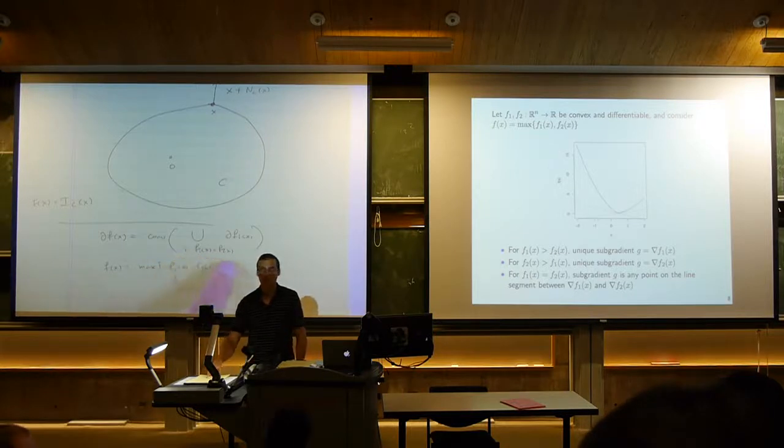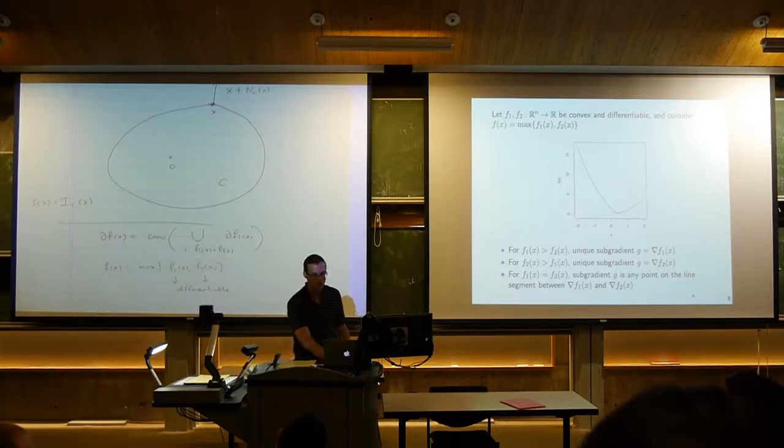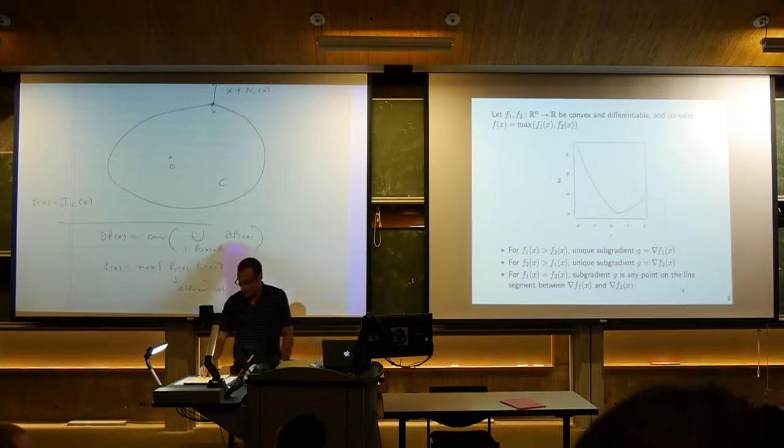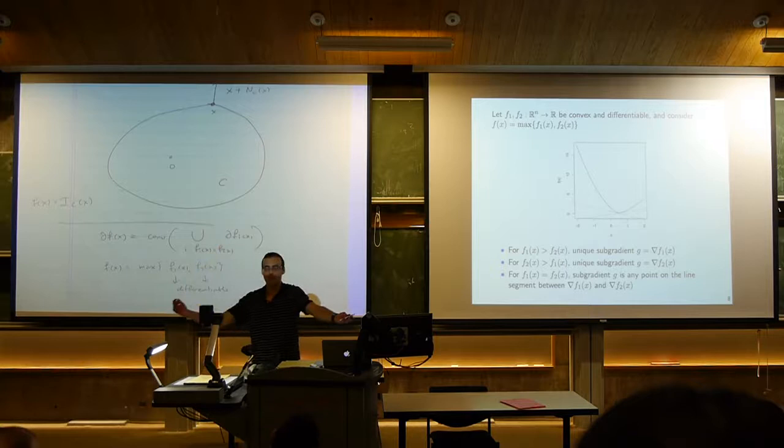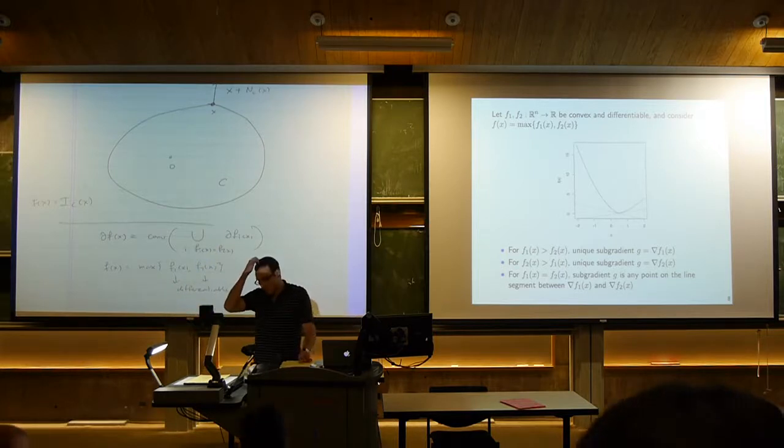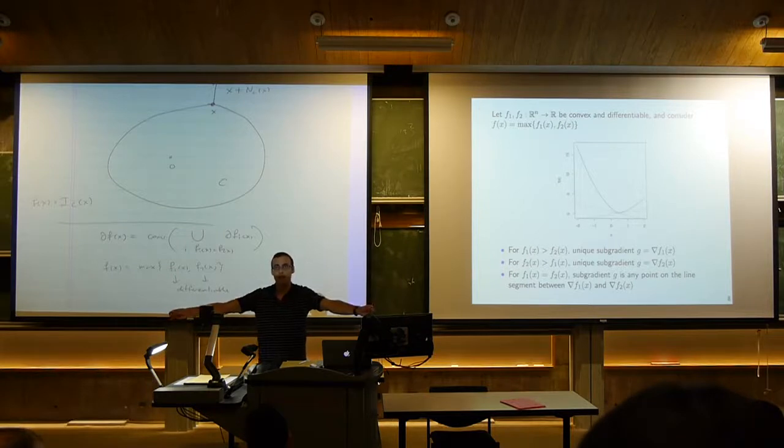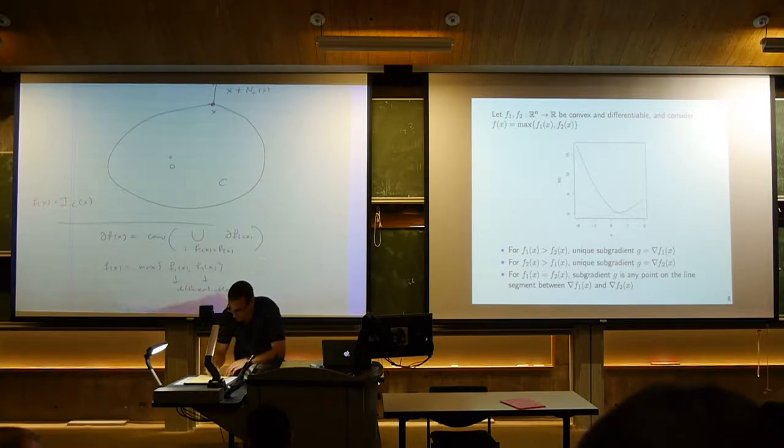Both f1 and f2 achieve the max. That's this third case. And then I take the subdifferential of f1 and the subdifferential of f2. That's just the set containing the gradient of f1 and the set containing the gradient of f2. And I take the union of those two sets. So now I have the set containing the gradient of f1 of x and the gradient of f2 of x.